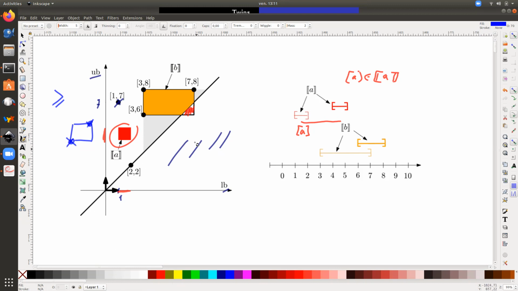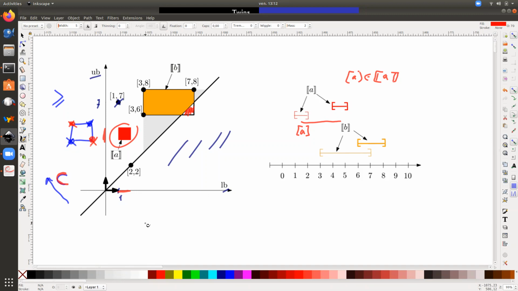But I have also some other order relation, such as, for instance, the inclusion subset. So in this case, if I consider this order relation, this box can be represented as the lower bound and the upper bound. It means that this interval is included inside this interval. So that's another way to represent.